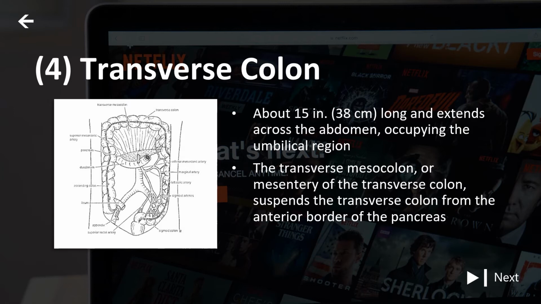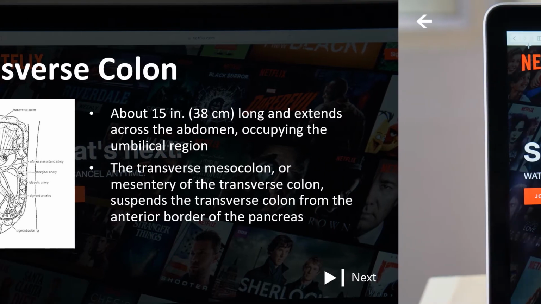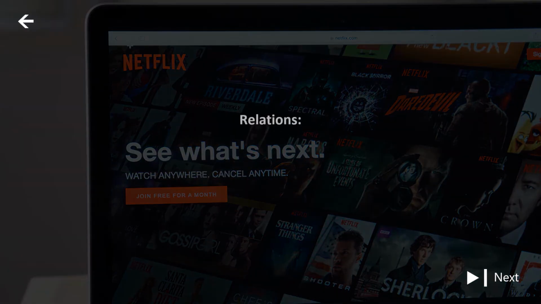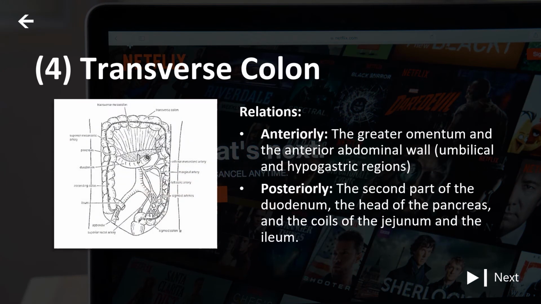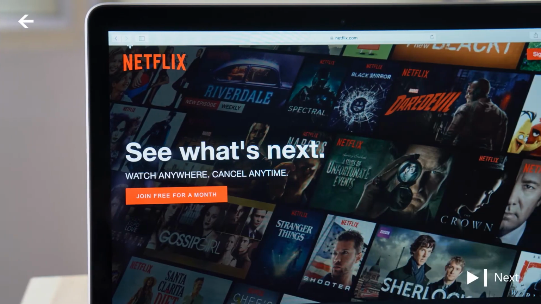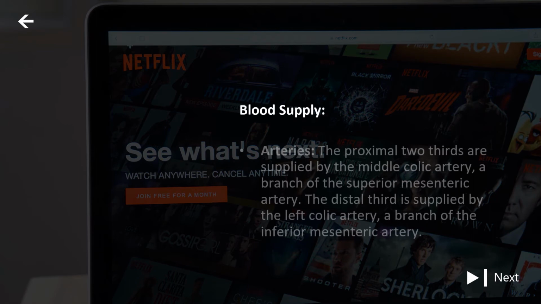The left colic flexure is higher than the right colic flexure and is suspended from the diaphragm by the phrenicocolic ligament. So here are the relations of the transverse colon anteriorly and posteriorly. Here's the blood supply of the transverse colon.